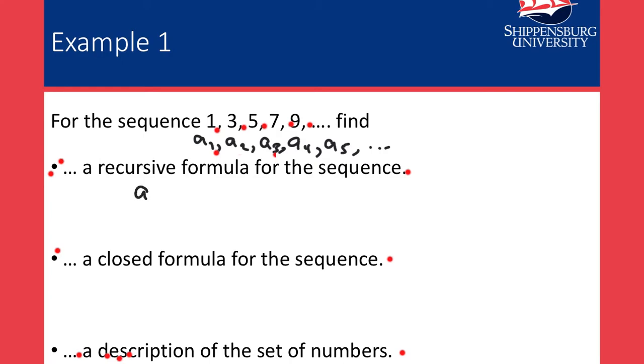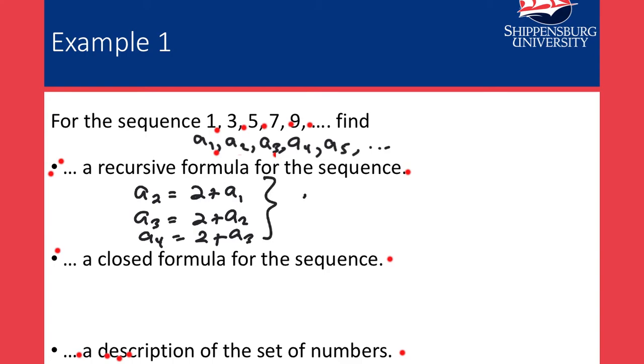So I would write that as saying, well, the second term is 2 more than the first term, and the third term is 2 more than the second term, and the fourth term is 2 more than the third term. So that's how I can convey that I'm always adding 2 to the previous term to get the next term. But obviously I don't want to write that for every single value. I want to write something more general.